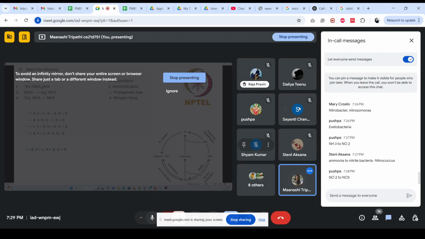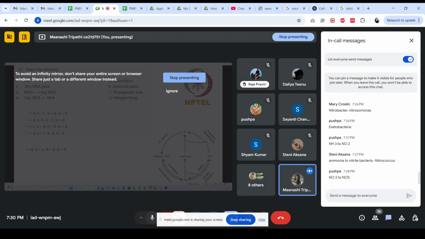Okay, there is one more procedure which was later found, which converts ammonium ion directly to N2 gas. N2 is a harmless gas, so our major aim is the conversion to N2 gas. This process is called anammox, anaerobic ammonium oxidation.